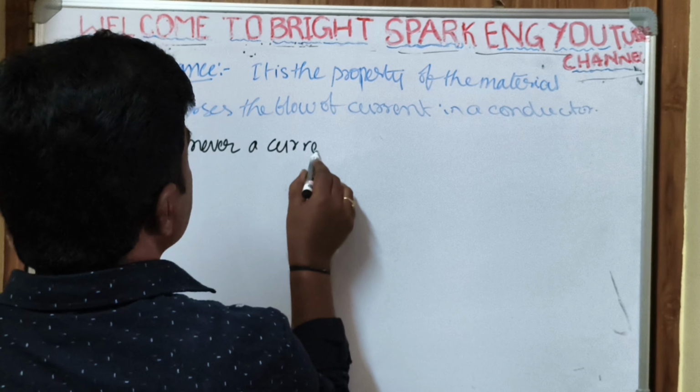Next, according to Ohm, Ohm means the scientist Ohm, there is a linear property of electric current density and uniform electric field.